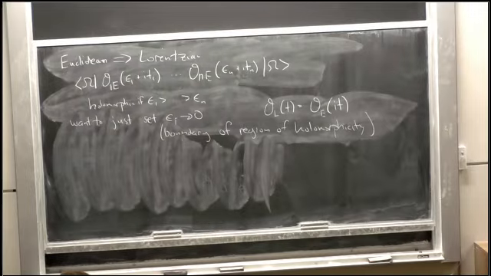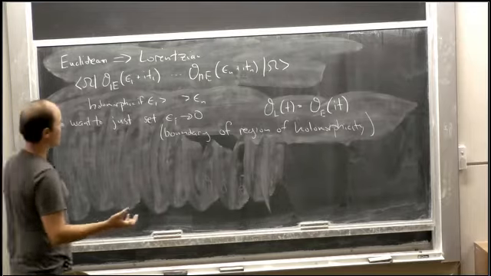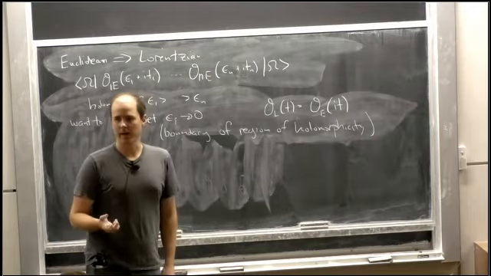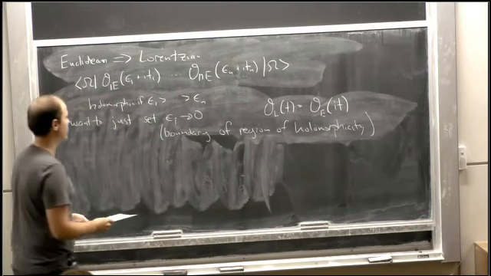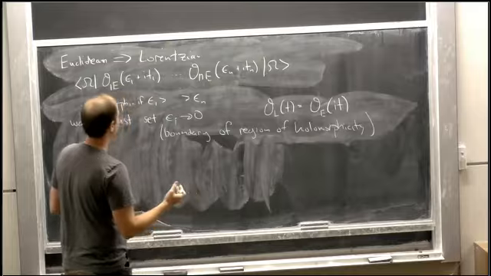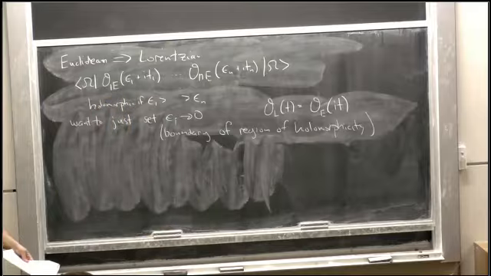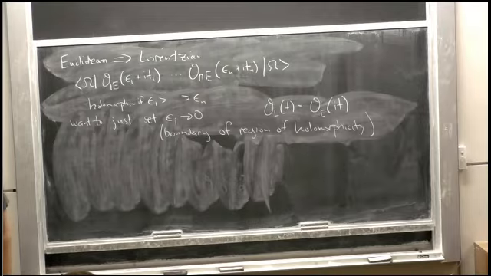And the answer is that when we set the epsilons to 0, we do not get a function. Instead, we get a tempered distribution. Let me explain how we get a tempered distribution. The statement here is that the boundary value of a holomorphic function with a nice property that I'll mention in a second is a tempered distribution.